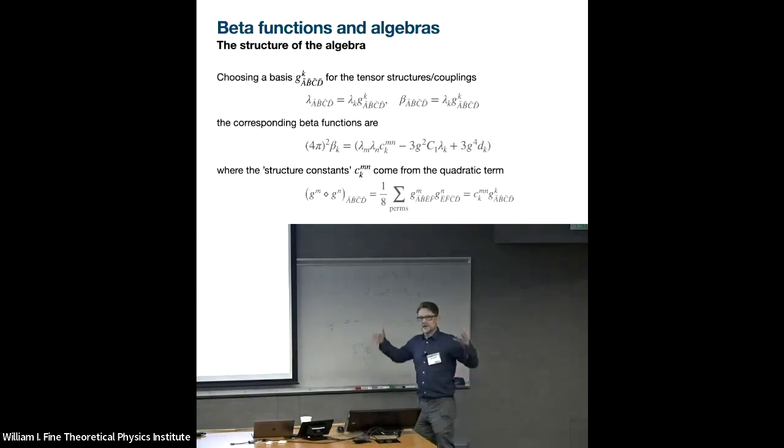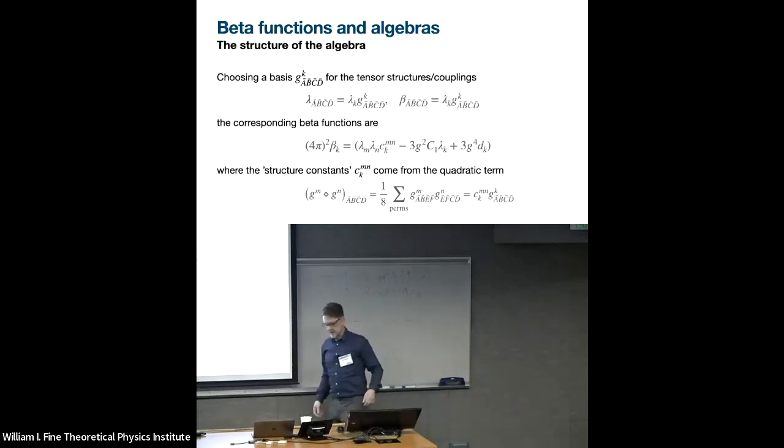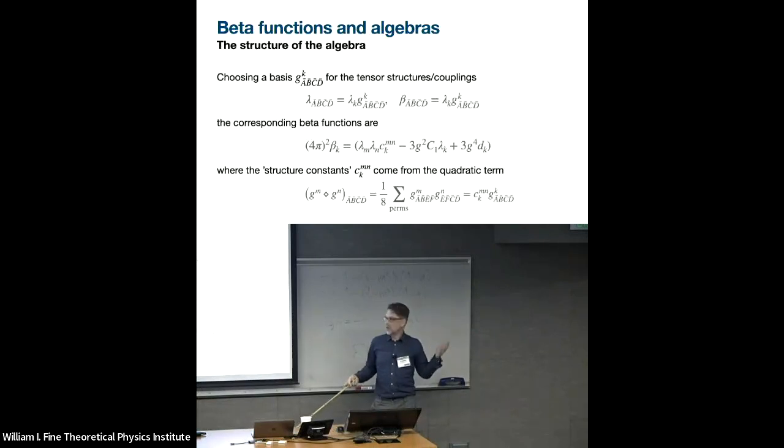In any case, an algebra is a linear space. You can choose a basis for it. The basis conveniently in our case would be the actual invariant couplings that I showed you, the four ones. In other theories, there would be different bases.